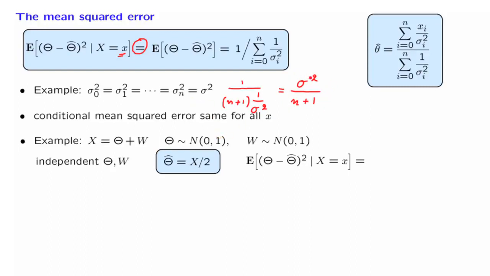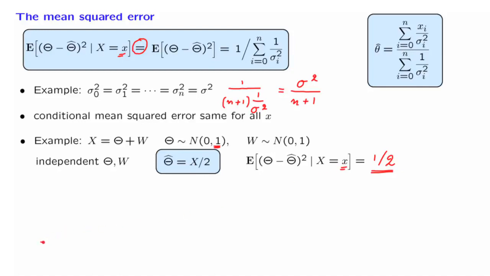So we use this expression here, and we see that it is 1/2. So we started with the prior variance for theta, which was 1. And after we obtain the observation, our uncertainty gets reduced and the variance goes down to 1/2.